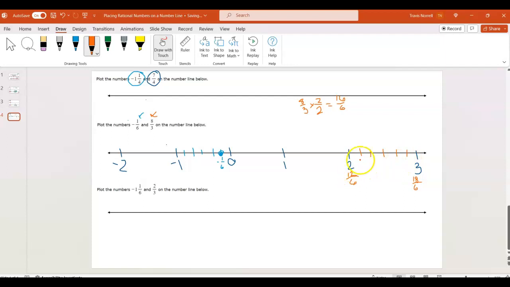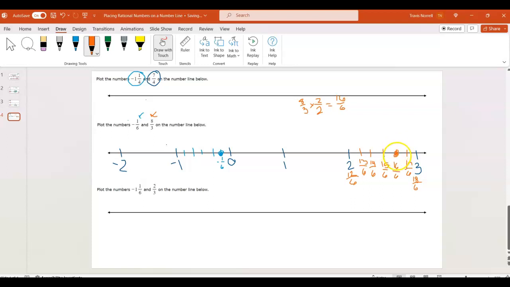So if this is 12, then this is 13 sixths, 14 sixths, 15 sixths, 16 sixths, and 17 sixths, which would mean my point is there.